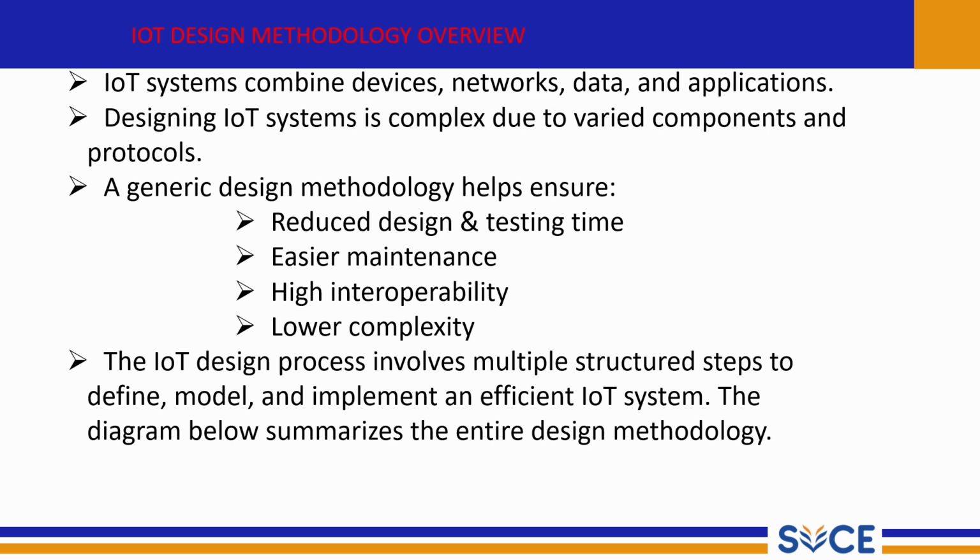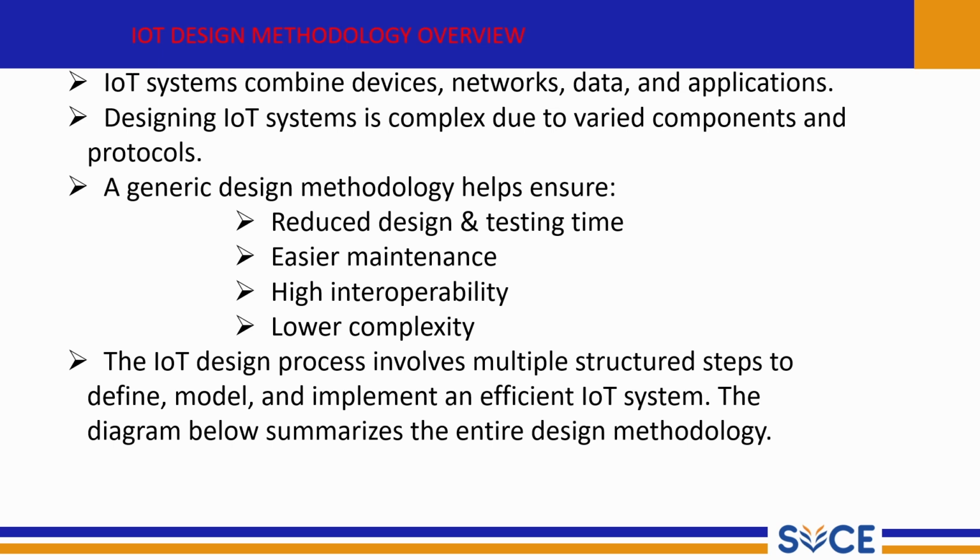Designing the IoT system is not like building a single app or circuit. Each part is made by different vendors. Yes, we all know that there are different types of sensors. Each sensor is made by different vendors, and each sensor uses different protocols.